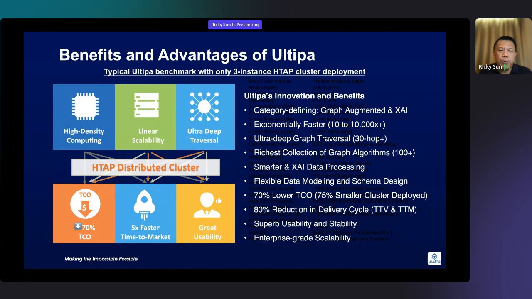We did some experiment. Well, given the time, we're not able to share too much information here. But basically, I want to summarize that high density computing is one thing, and also achieving linear scalability is the second thing that we always try to do.